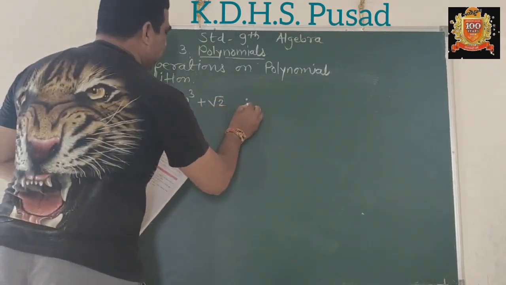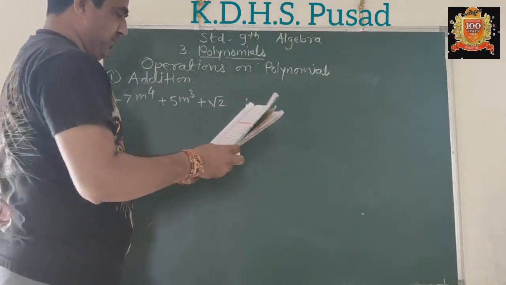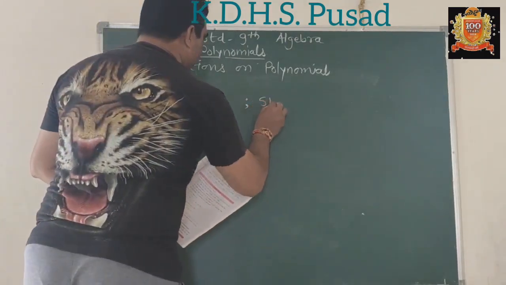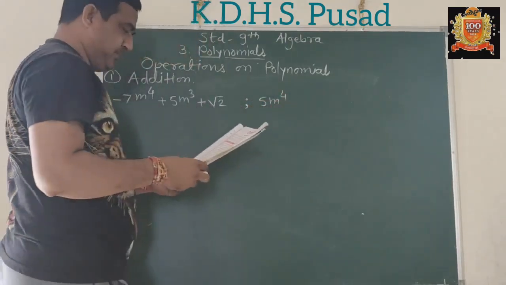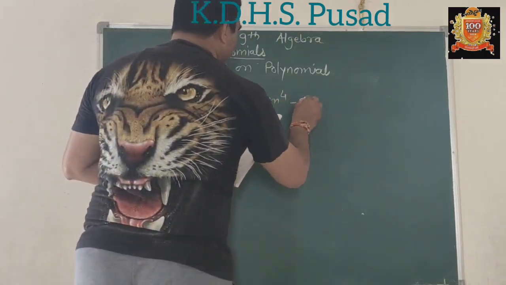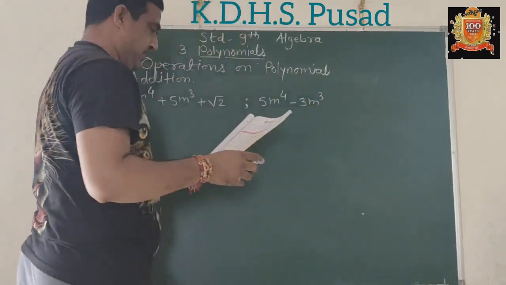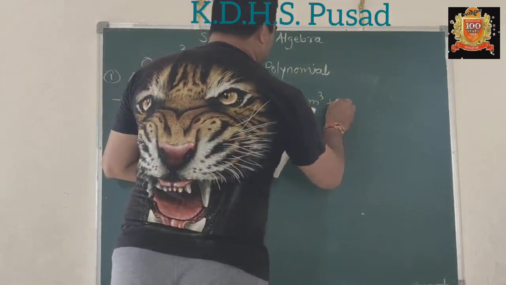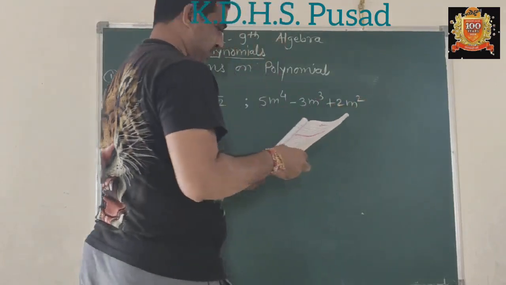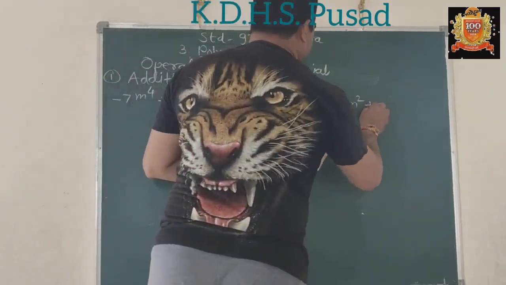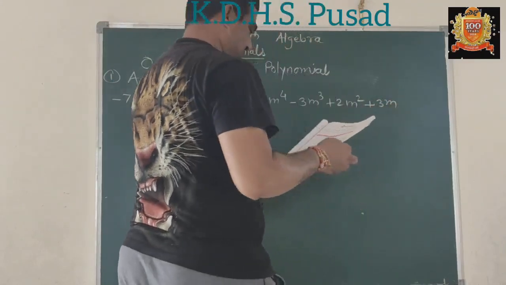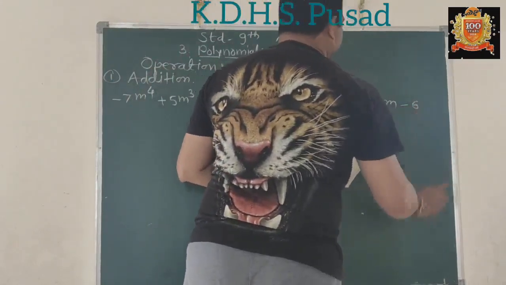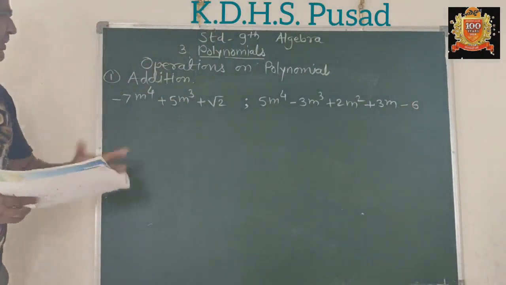Now there is the second polynomial: 5m to the power 4 minus 3m cube plus 2m square plus 3m minus 6. Okay, so there are two different polynomials.